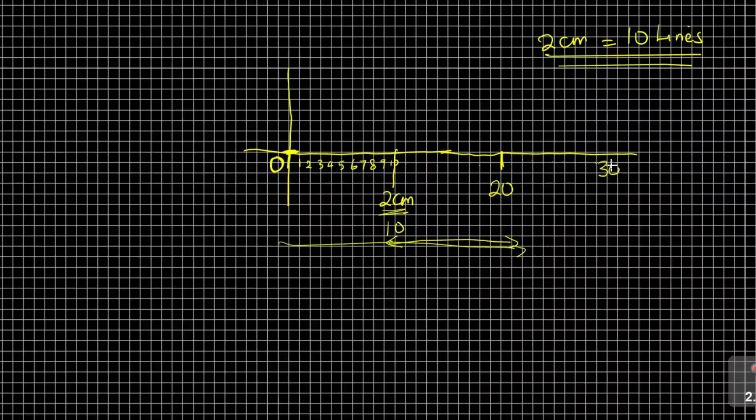This is 30. But remember, from here to here is still what? 2 cm, because 2 cm means what? 10 lines. However, the thing is increasing. This is 10, 20, 30, as the case may be. All right?